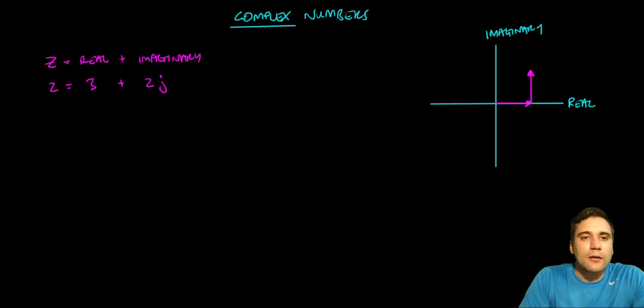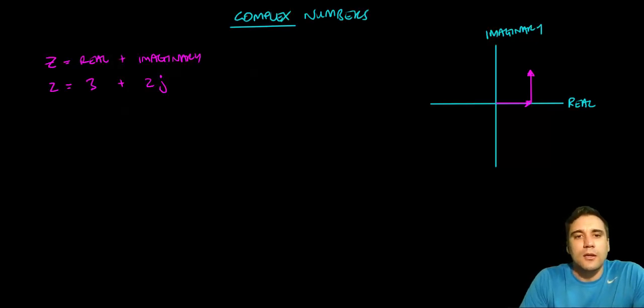Notice there's no I here, right? We don't have any I. Sometimes you'll see an I in a complex number, but that's just used instead of j because it stands for imaginary. So the real part has no letters next to it, and the imaginary part has this 2j. And hopefully you can see how this is kind of analogous to the idea of a 2D vector.